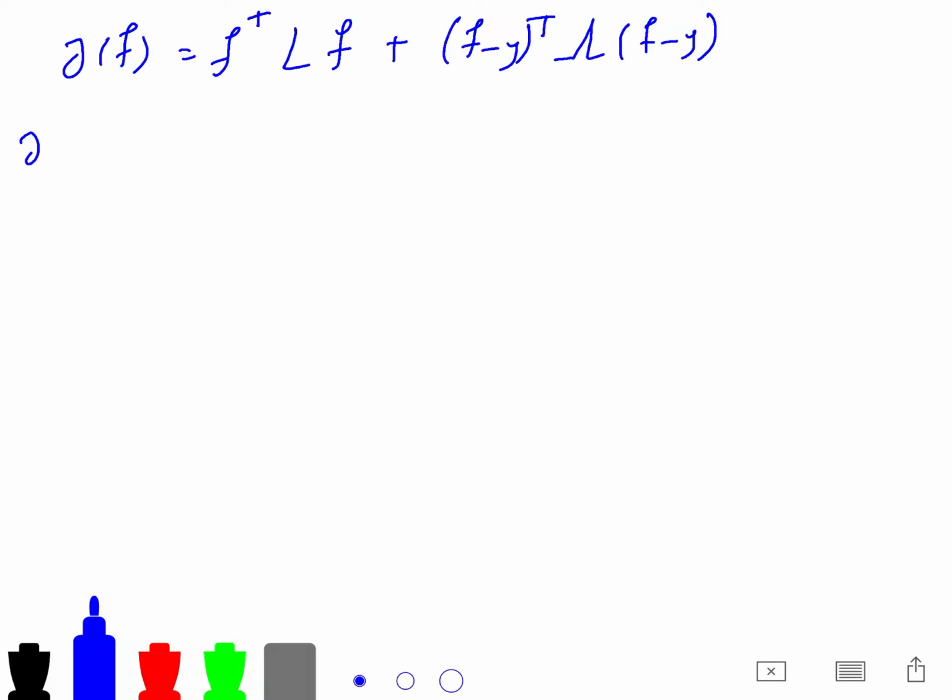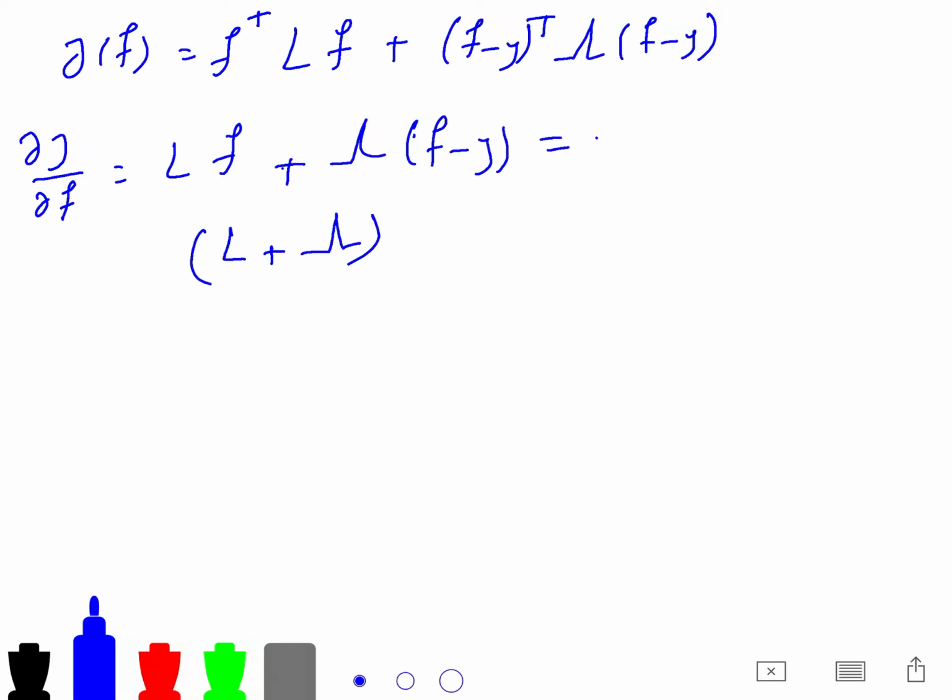And if you just take the derivative with respect to F, you will have this nice solution, because you know that (L plus lambda) F is lambda Y, and so you just need to invert this billion by billion matrix.